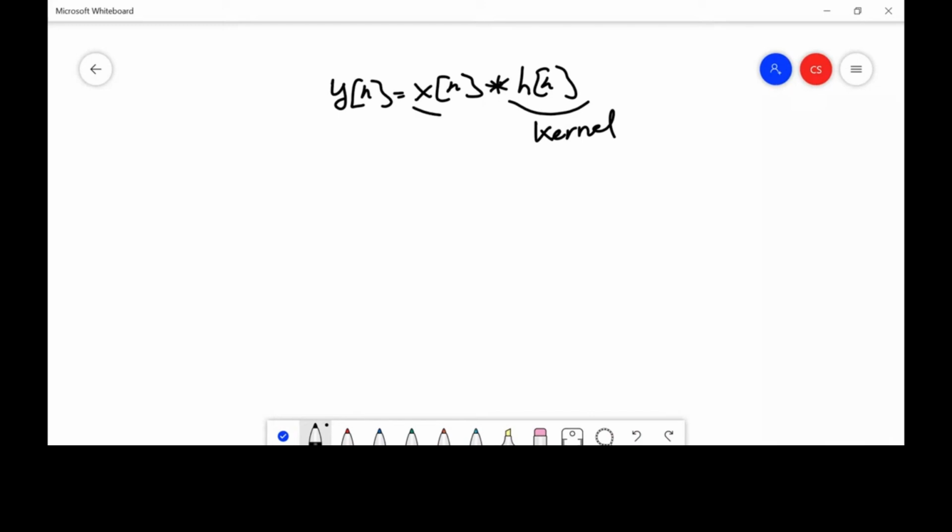So this would be the input image. This would be the output image. And then if we convolve the input image with the kernel, then we can, for instance, average locally pixels.